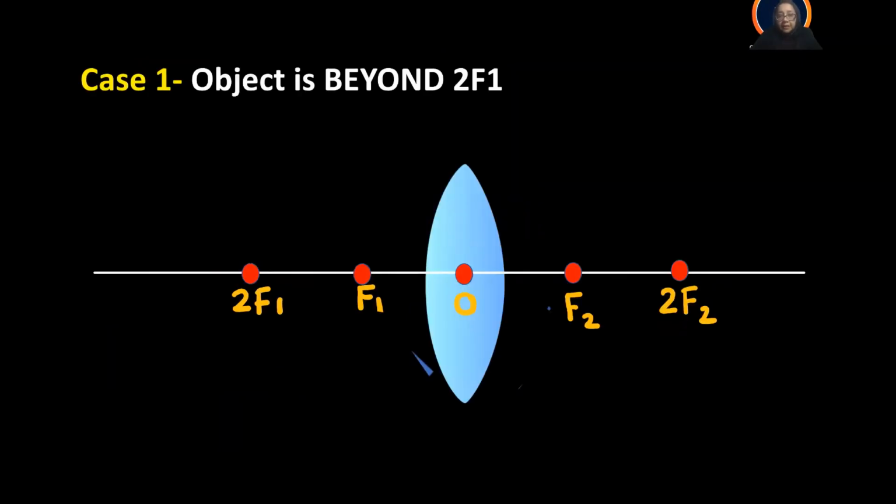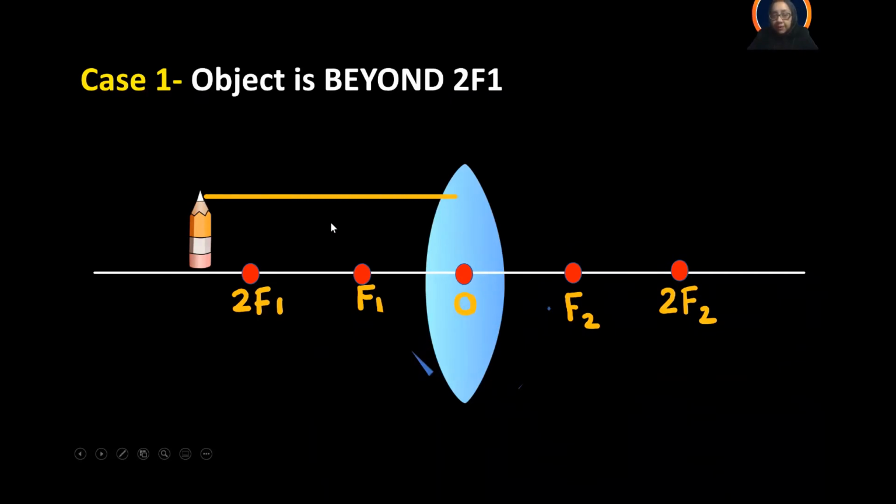Now the first case. Let's place the object beyond 2F1. 2F1 is a position which is equidistant, and we are placing the object, in this case a pencil, beyond 2F1. Let's see what happens. Now we will consider the ray which is passing from the head of the object.